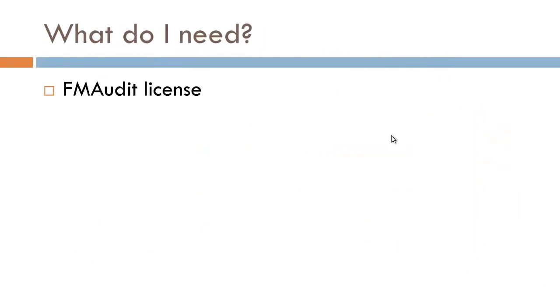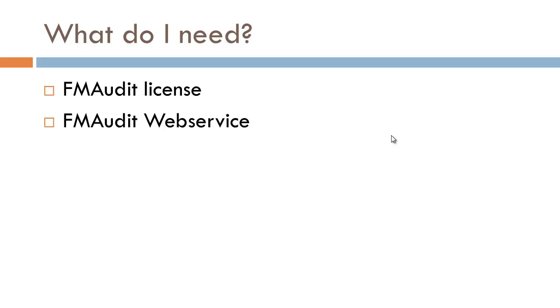What do I need? You need an FMAudit license. That's not coming from us, and that's not included. You can ask your local distributor for an FMAudit license, or you can ask us, and we will connect you to an FMAudit distributor. You need an FMAudit web service. That is normally not included in the normal FMAudit license fee.